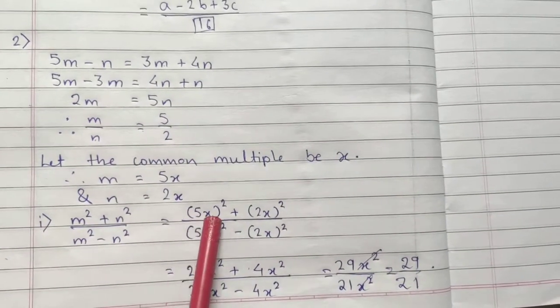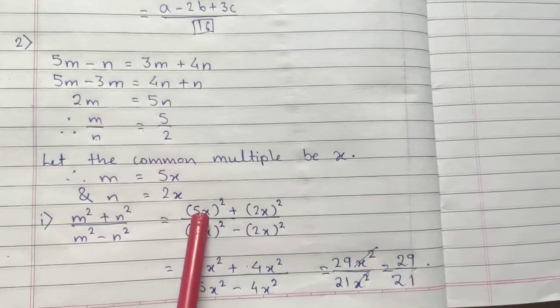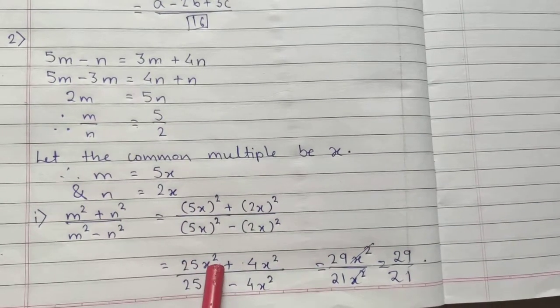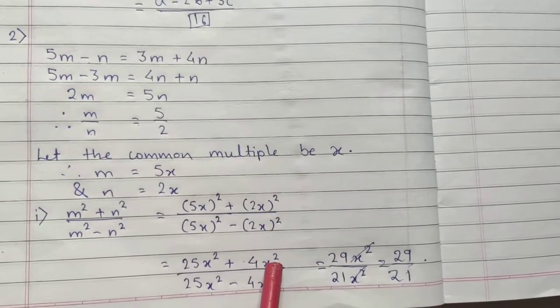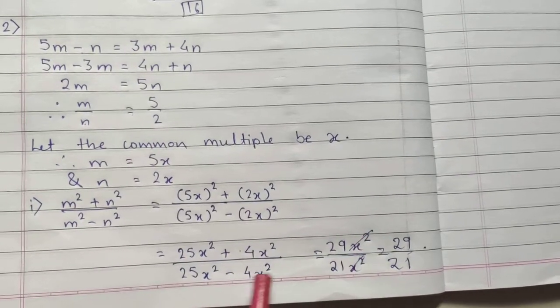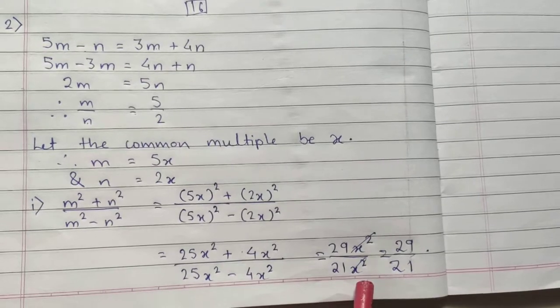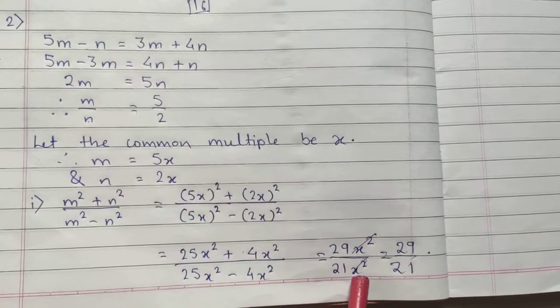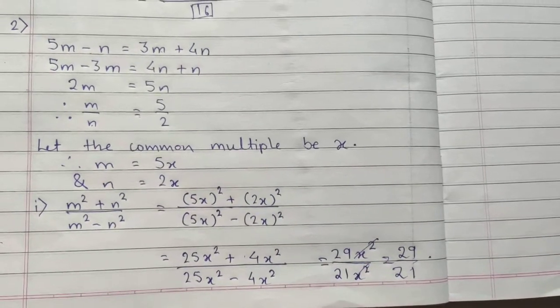If you take the square of 5 you get 25, square of 2 you get 4, and x square is already there. So 25 plus 4 gives 29x square, and 25x square minus 4x square gives you 21x square. X square gets cancelled, so finally we got 29 upon 21.